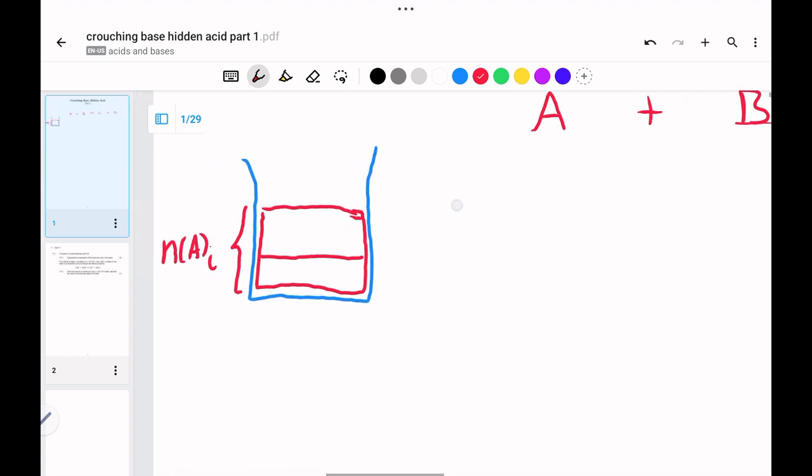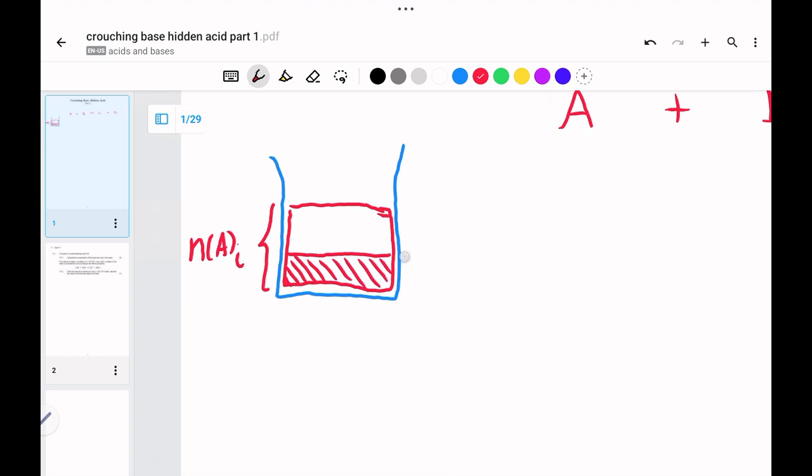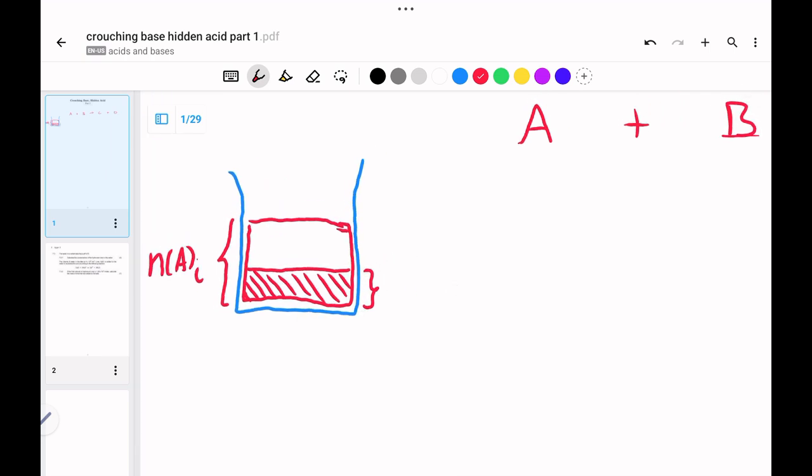And in that reaction, you use up and you lose some of the moles of solution A. So let's say that this here represents the moles of A that react. Those are lost to you.